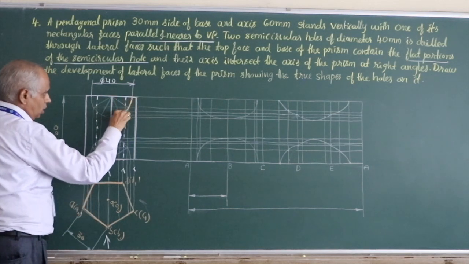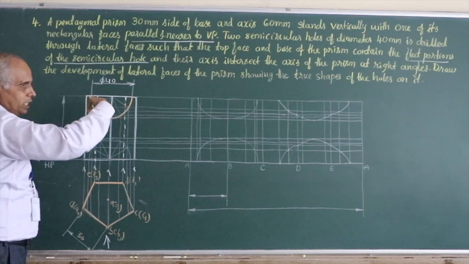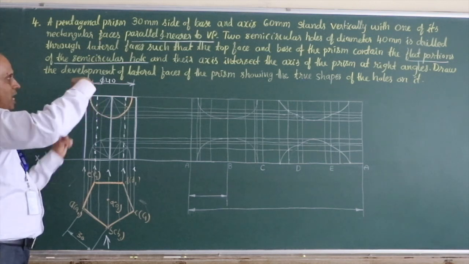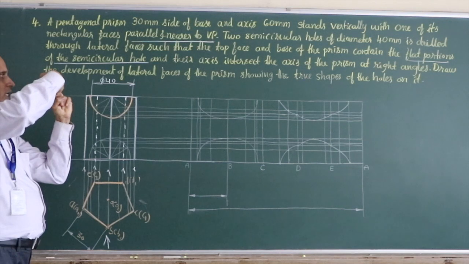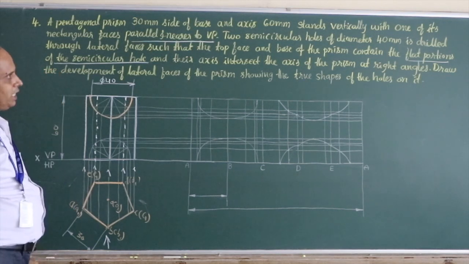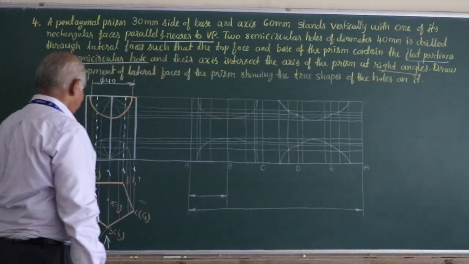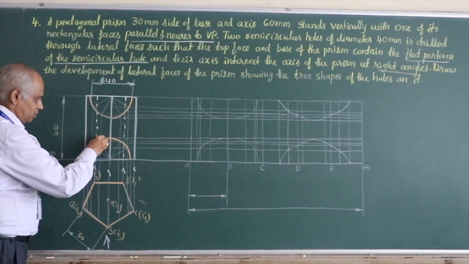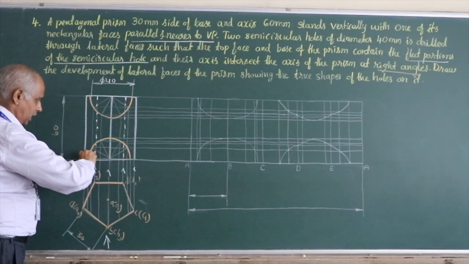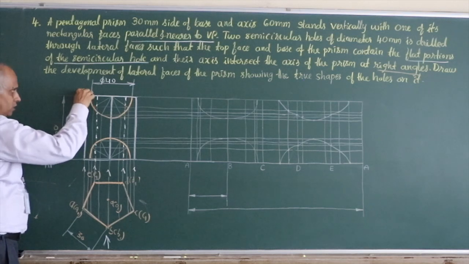Remember, the semicircular hole has its axis perpendicular to VP. Since the axis of the prism is vertical, the axis of the semicircular hole cylinder is horizontal, and they intersect at right angles. So identify these two semicircular holes. Remember, the flat surface of the semicircular hole should coincide with the top and bottom face. So the retained portion is this one.